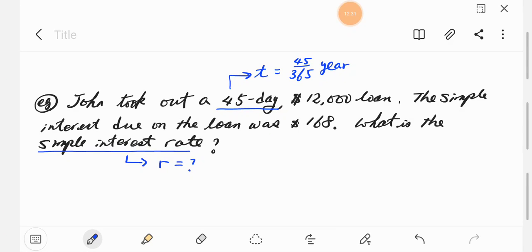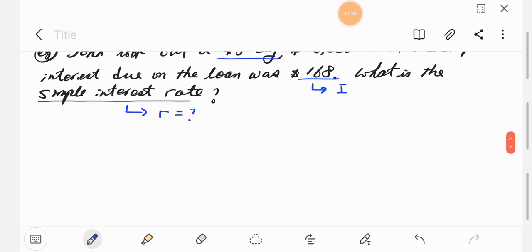And this is the interest. Since the interest formula is PRT, look at this. From this formula, the values of I, P, and T are given, right? So we can find R because the values of the 3 other variables are already given.